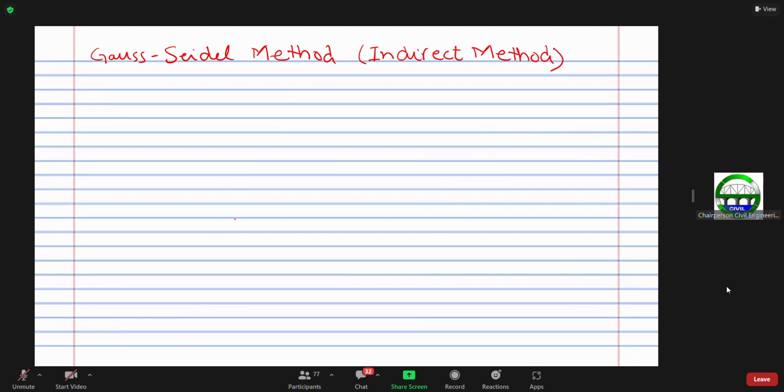In here, the example, they say that solve the following linear system by using Gauss-Seidel method.